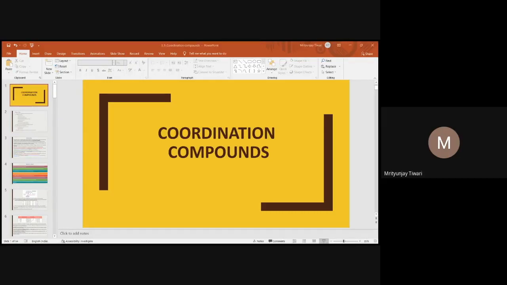The charge on this coordination sphere is also shown. This charge is balanced by one chloride ion. This chloride ion is called the counter ion, and the coordination sphere is the complex part of the compound. It is positively charged here, and the coordination sphere may also be negatively charged. For example, we have seen K4[Fe(CN)6].